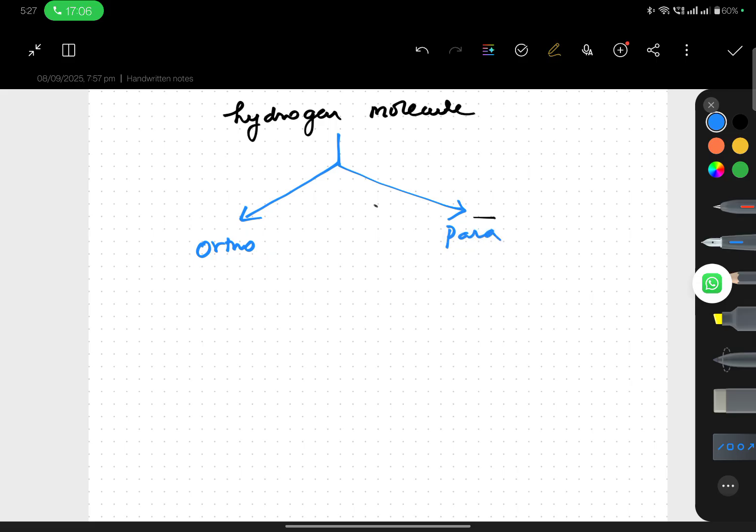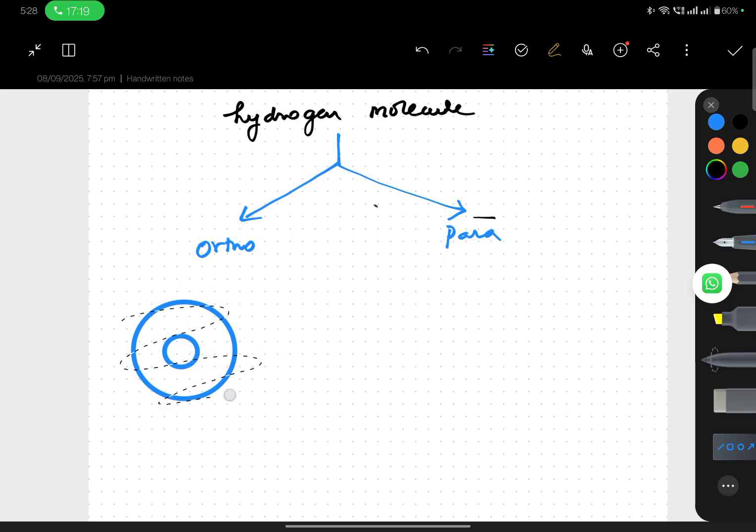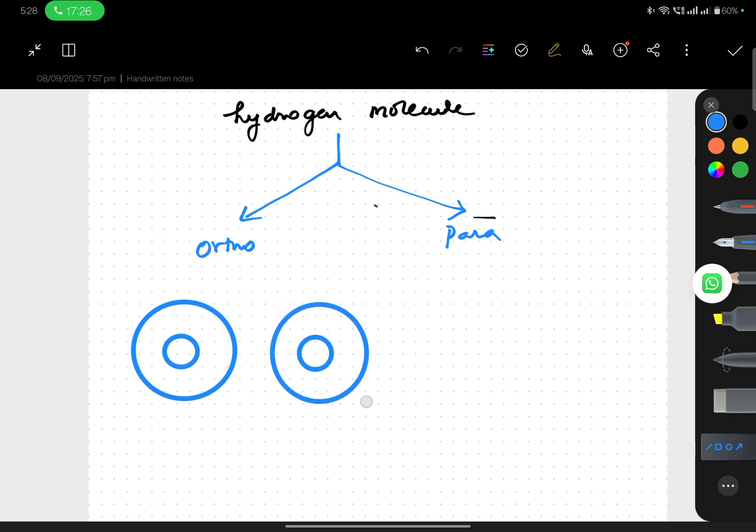Please make a note. So this is one molecule.